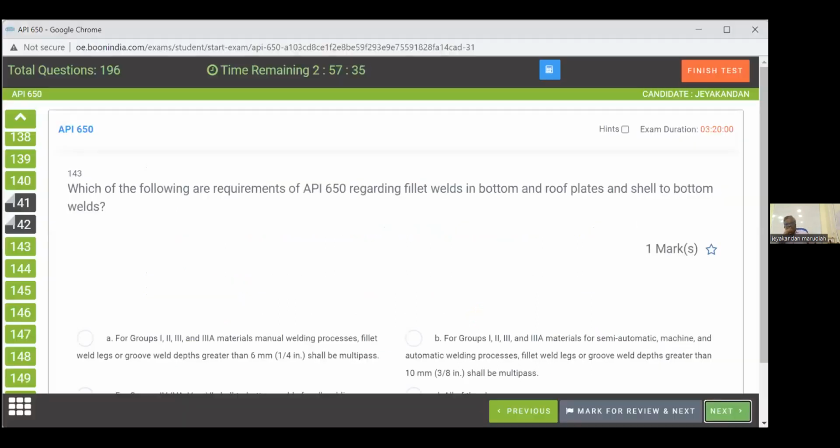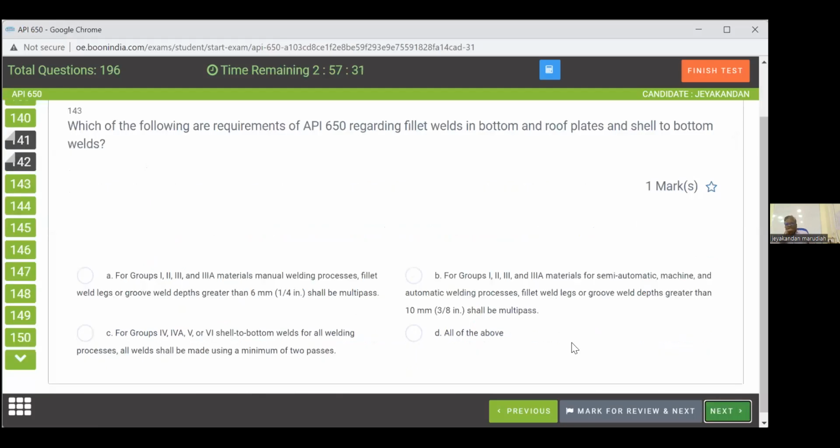Which of the following are requirements of API 650 for fillet welds in bottom and roof plates and shell to bottom? For group 1, 2, 3 and 3A manual welding, fillet welds greater than 6 mm shall be multipass, correct. For 3A semi-automatic machine, greater than 10 mm shall be multipass, that also correct. For group 4 to 6, all bottom welds shall be minimum 2 pass, that also correct.